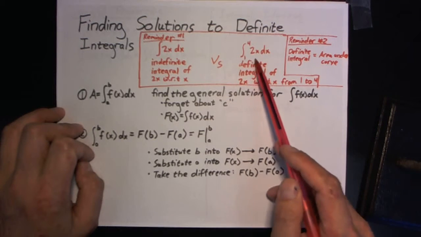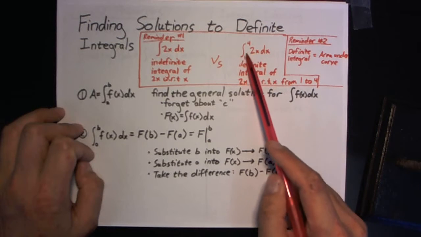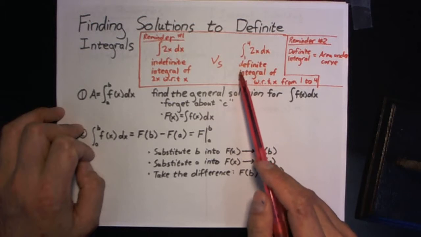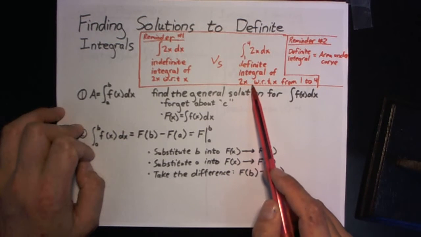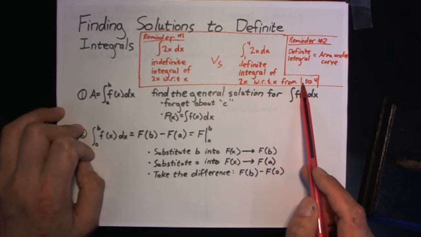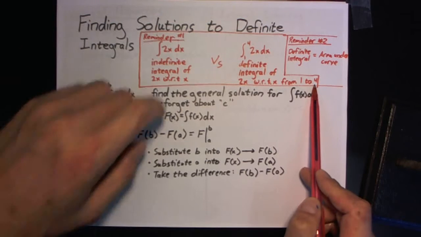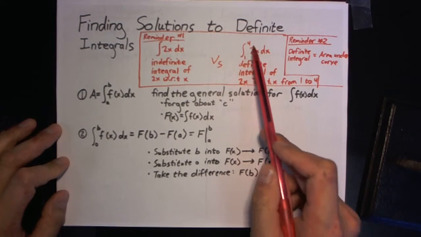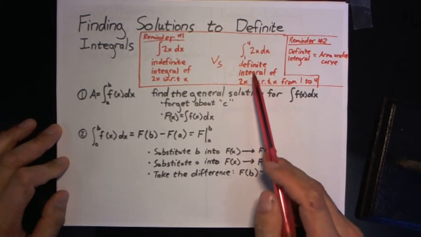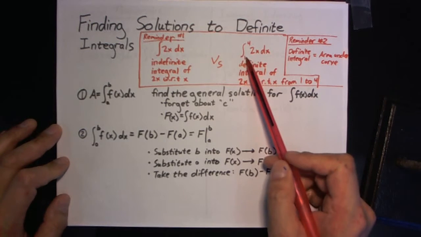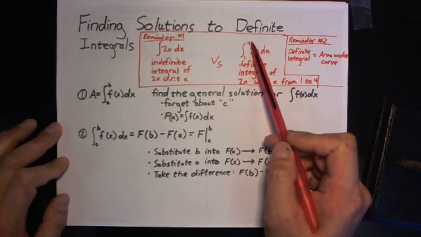This notation is pronounced the definite integral of 2x with respect to x from 1 to 4. So the last thing you say are the boundary values, from lower boundary to upper boundary.